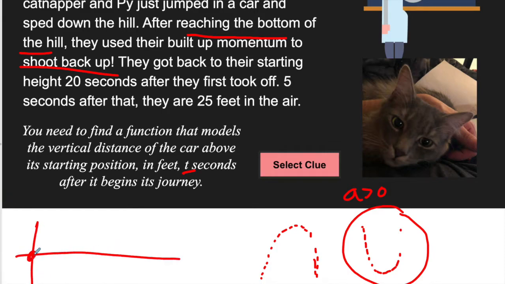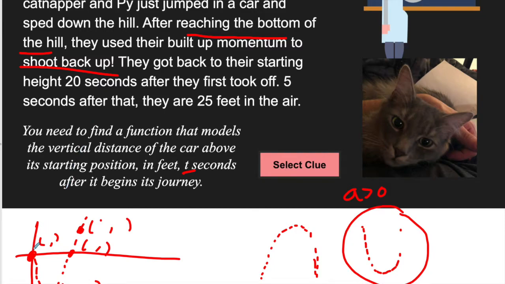Here's my car. It's going to go down. It's going to come up. So we know we have a few points. All right. So here's the reality. We have 4 points right now that are very significant, 3 of which are significant for any quadratic.